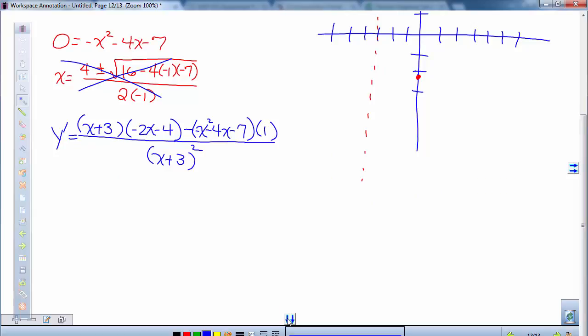All right. And so we've got to clean this up top. We get minus 2x squared minus 4x minus 6x, right? Minus 12, okay? Plus x squared plus 4x plus 7 all over x plus 3 squared.